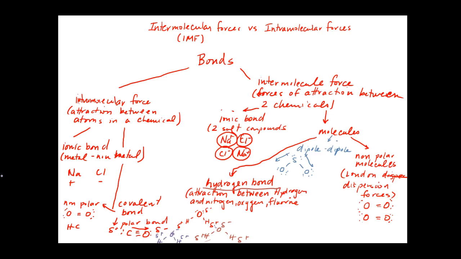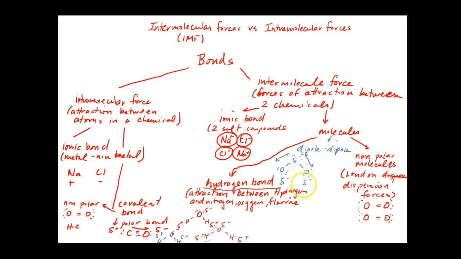The third of these intermolecular forces that you find in molecules is the dipole-dipole, which I've written in blue. That's essentially when you have a polar molecule, where we have this region being more negative attracted to another one just like itself.